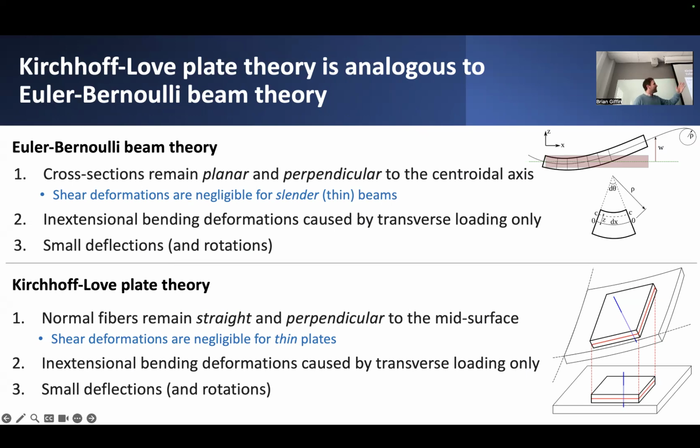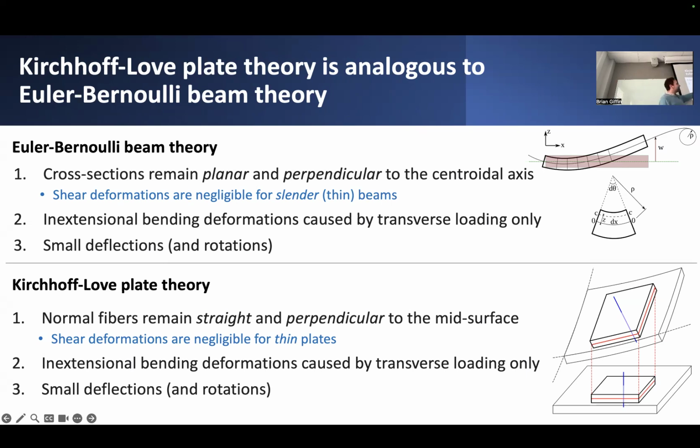Plane sections of this beam will remain planar after deformation, and they will remain perpendicular to the deformed neutral axis of the beam. That basically assumes that shear deformations or shear strains internal to the beam are roughly negligible. And what that means is you recover plane sections remaining perpendicular to the neutral axis.